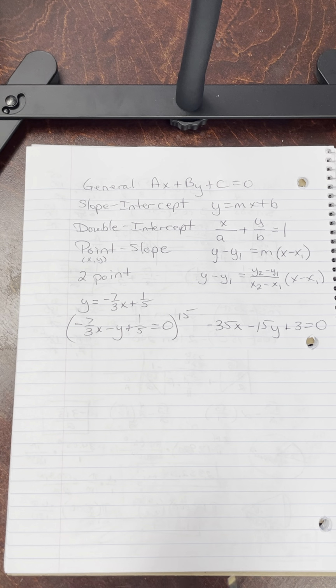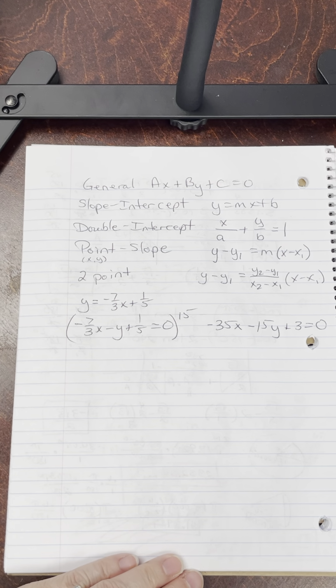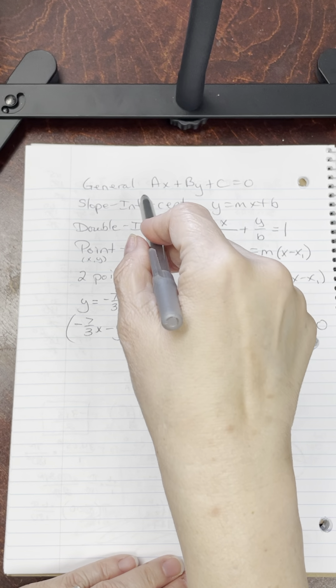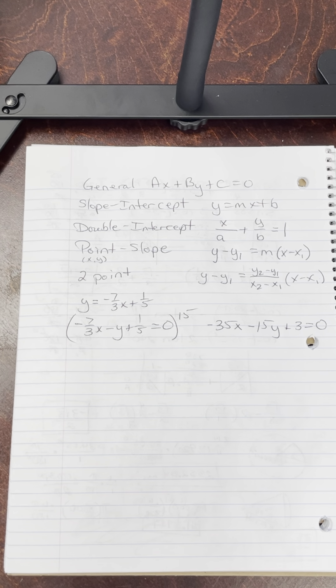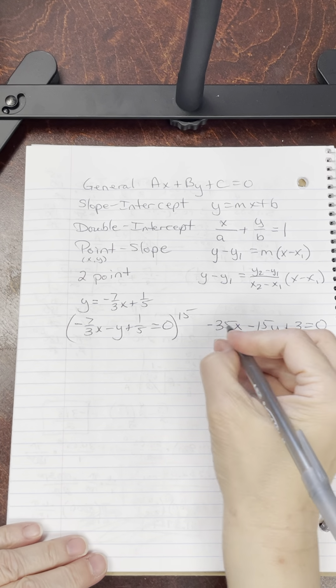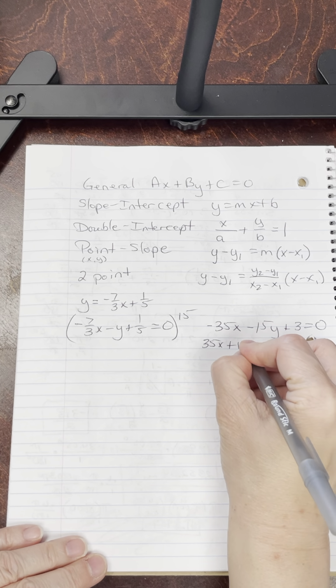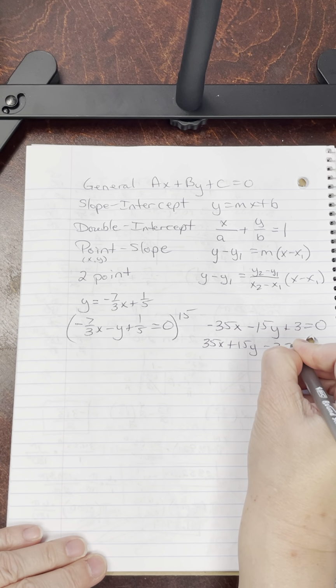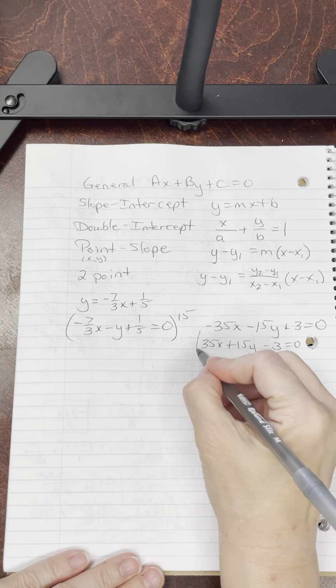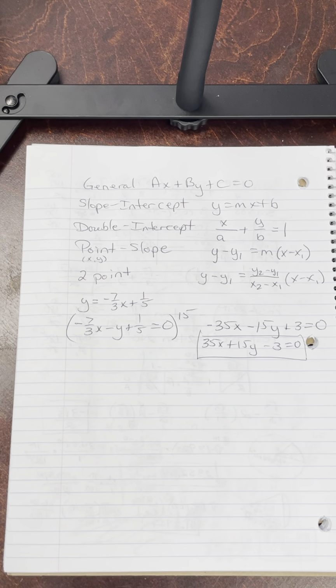They prefer your x's and y's not be in negatives. There's nothing in general form that says they can't be. It's just a mathematical preference. So they change all of the signs and make this one positive, this one positive, this one negative, and of course the sign on 0 does not change. So this is the final answer that they're going to give for general form.